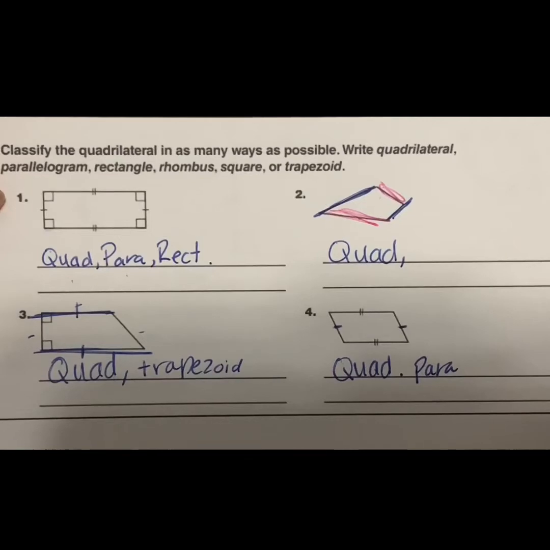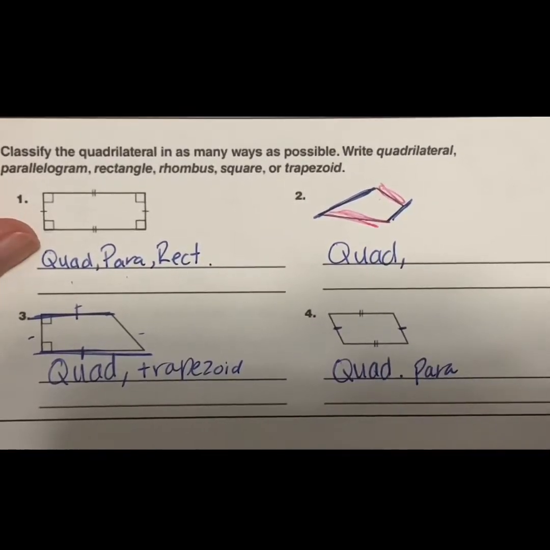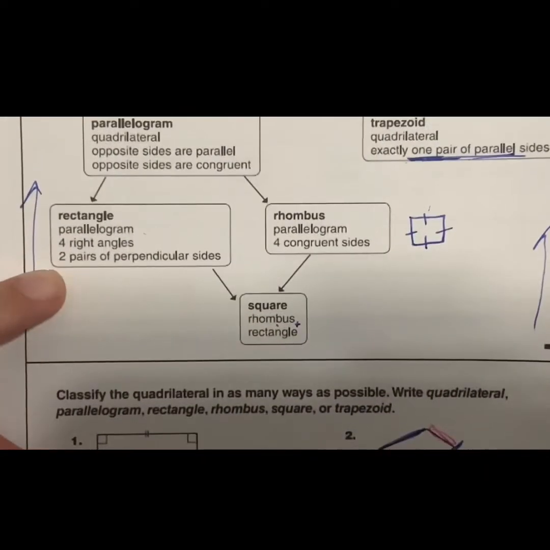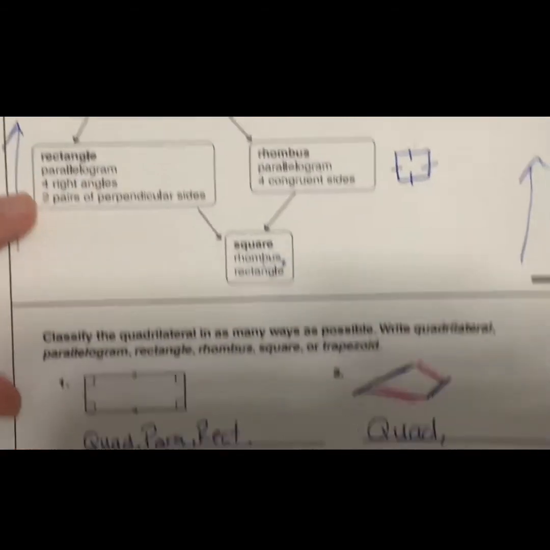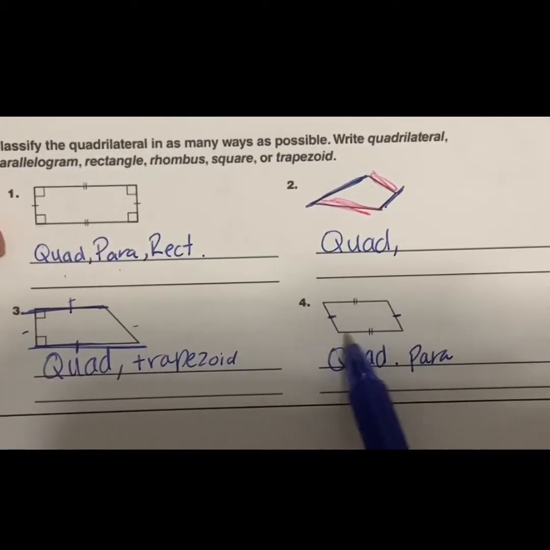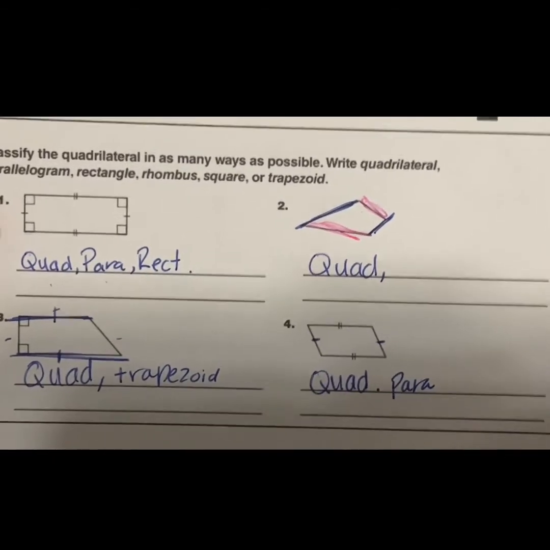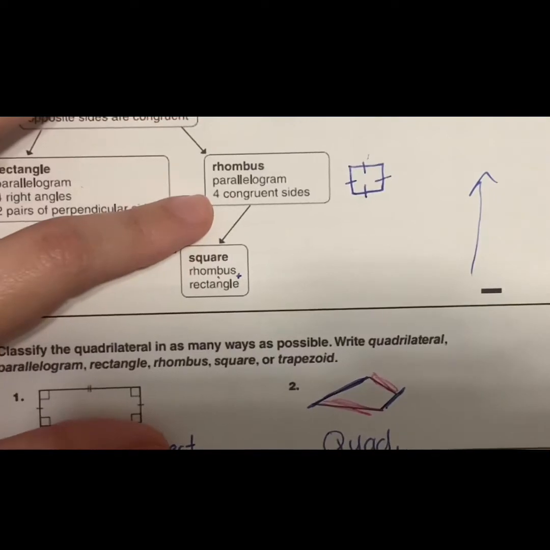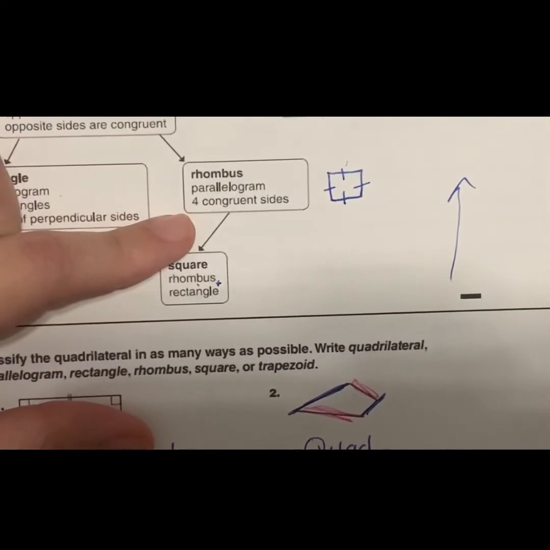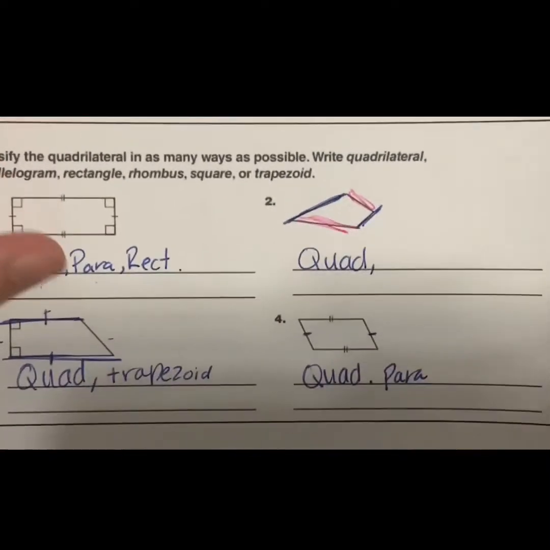All right, so let's see, is it a rectangle? Let's see what a rectangle says. It's a parallelogram, yes. Does it have 4 right angles? No, this one seems to be obtuse, so no. All right, can it be a rhombus? Well, it is a parallelogram. Does it have all equal sides?